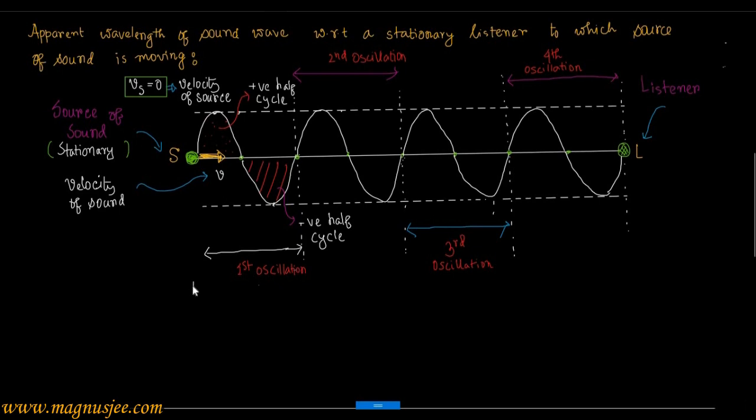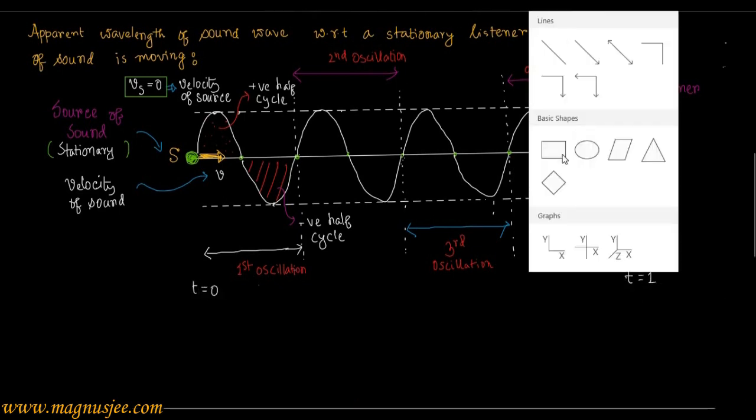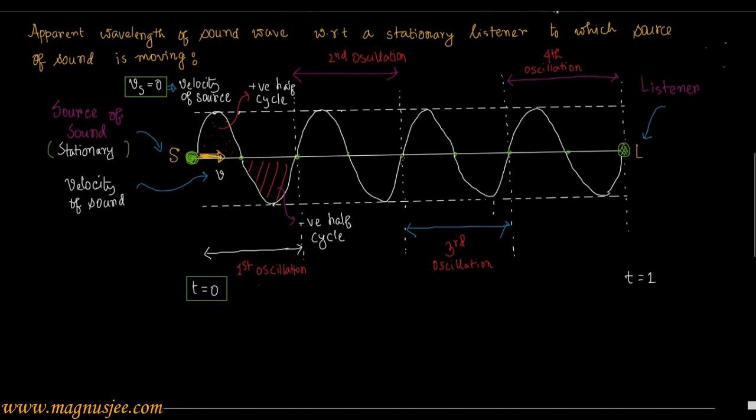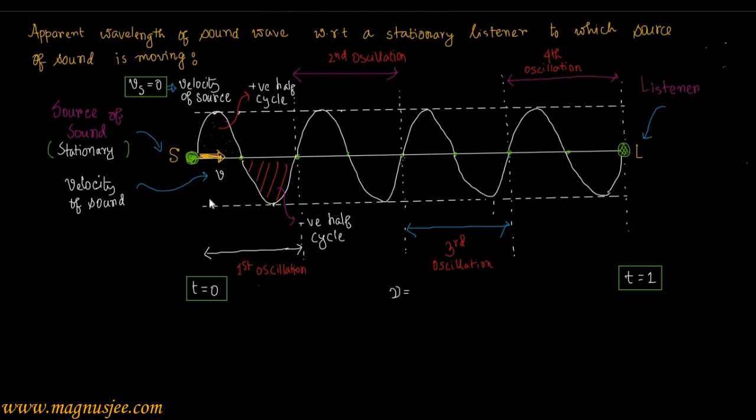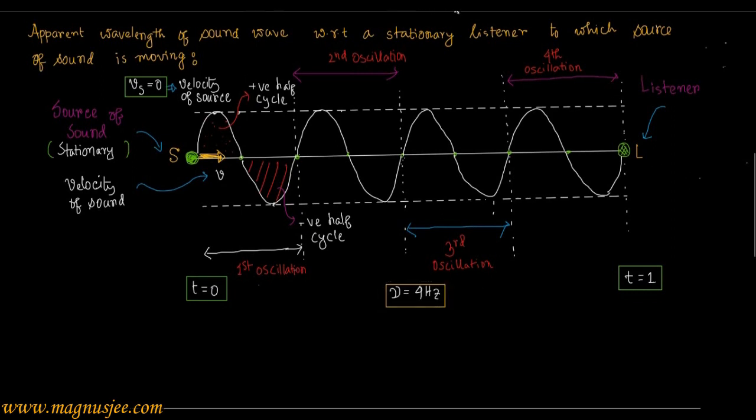We can assume that at S, t equals 0, and at L, t equals 1 second. That means in 1 second, the sound wave reaches from the source to the listener and completes 4 oscillations. That's why the true frequency of the sound wave is nu, which is 4 Hz.